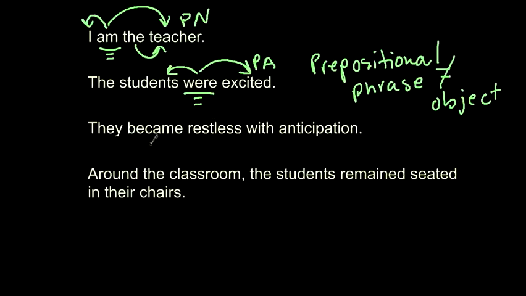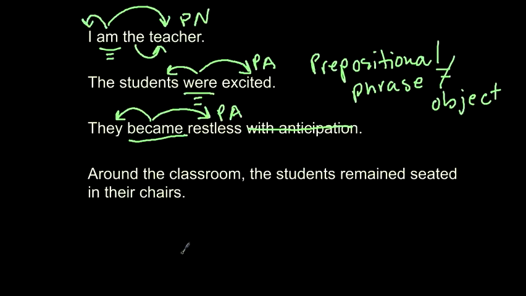So we can take out a prepositional phrase to make life a little easier. With anticipation, they became restless. Now we have a three-word sentence, much easier. Became is the linking verb, linking they, the subject, to the state of being restless, which is an adjective. So we're dealing with a predicate adjective.